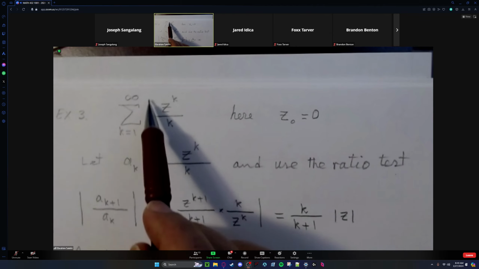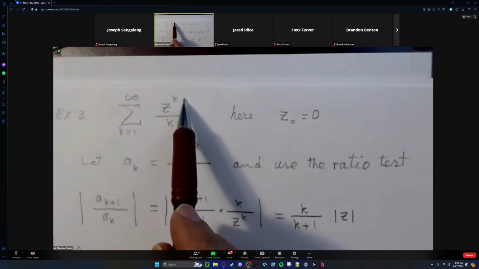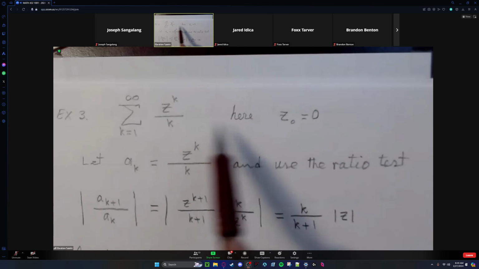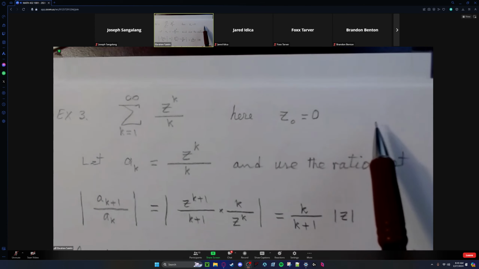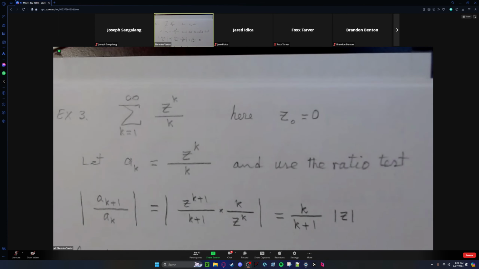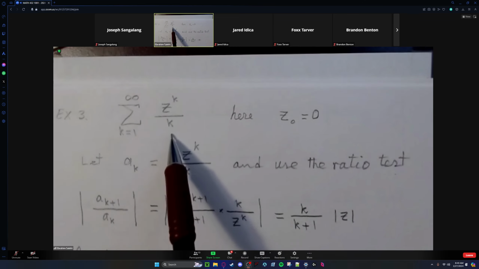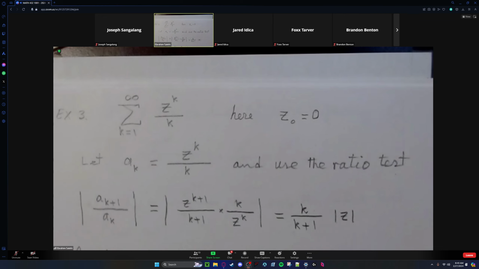So here is the generating sequence, and we are dealing with an infinite summation. But as I said, the beauty of this ratio test is that by examining this generating sequence, we make a judgment on that infinite summation.